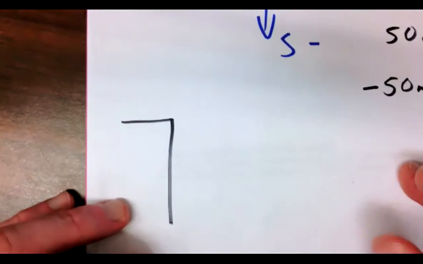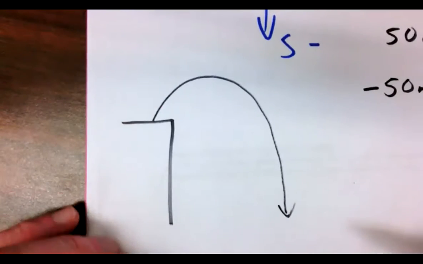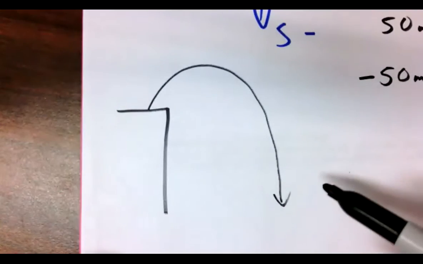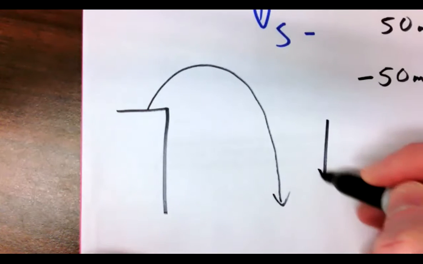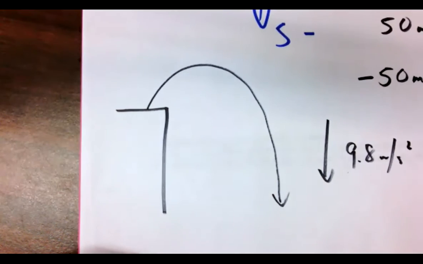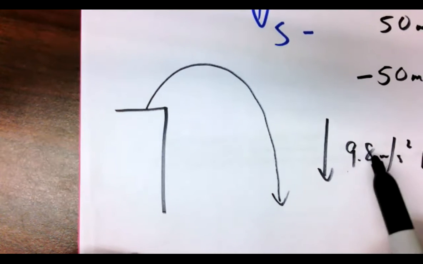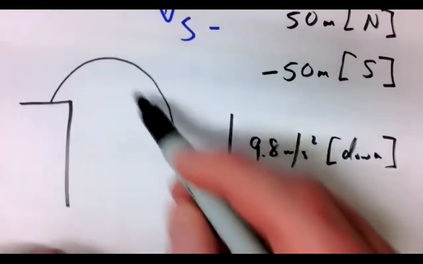We're going to do a lot of projectile motion. So if something gets kicked off a cliff and then falls down, I always like to use acceleration as down 9.8 meters per second squared, or whichever direction. I will make acceleration positive when it is going with motion.